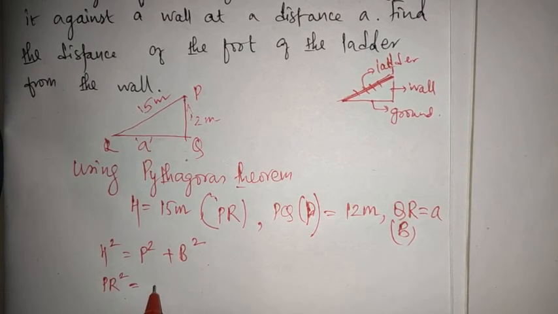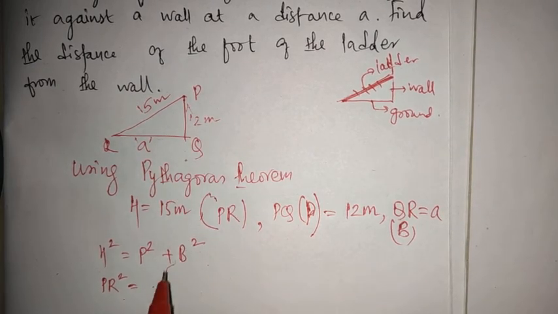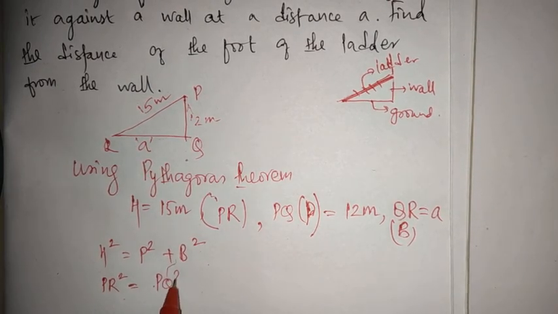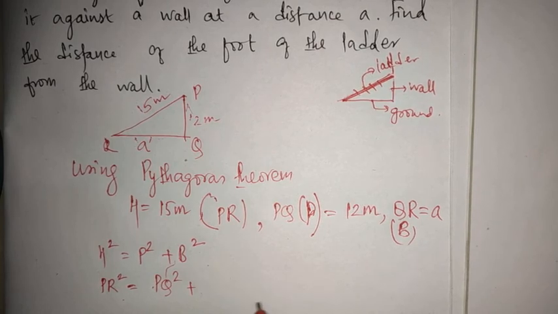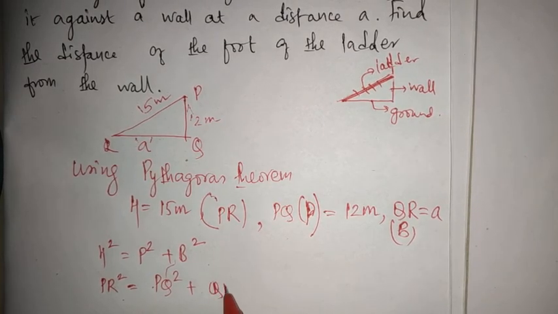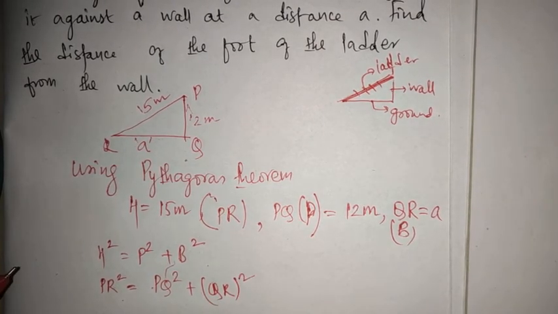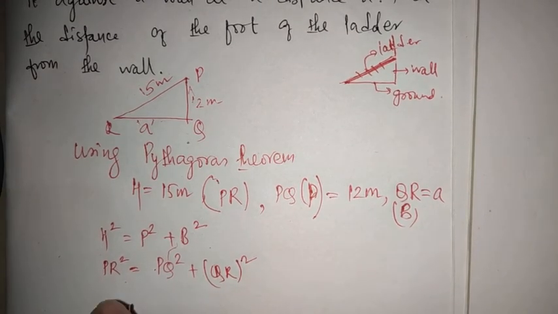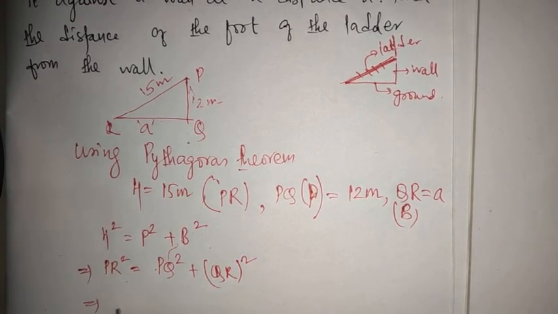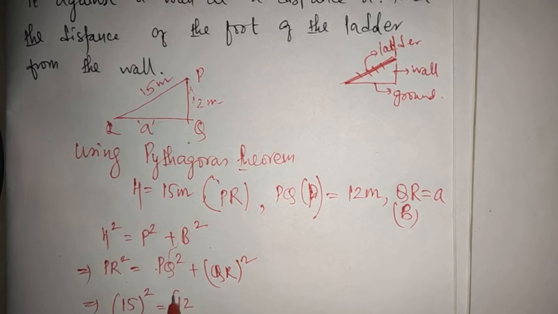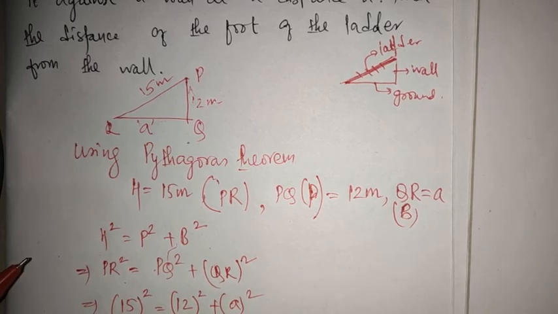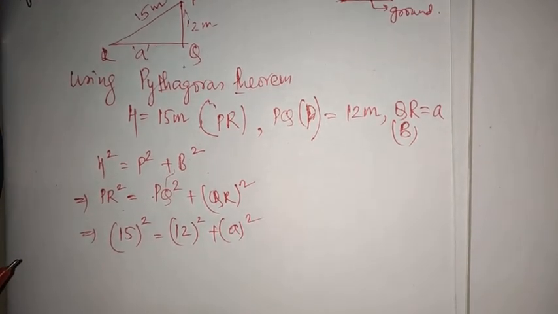P means height, that is PQ square, plus base, which is QR square. So PR square is 15 square, equal to PQ, which is 12 square, plus QR, which is A square. The given thing should be written like this.